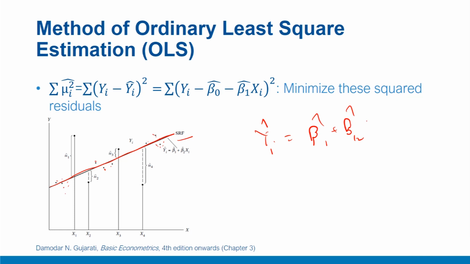Now obviously, because we are working with samples, these are estimators. Since these are OLS estimators, we try to minimize the sum of these squared residuals. The difference between the actual values and this fitted line, the line corresponding to the sample regression function, this distance is my error in prediction.